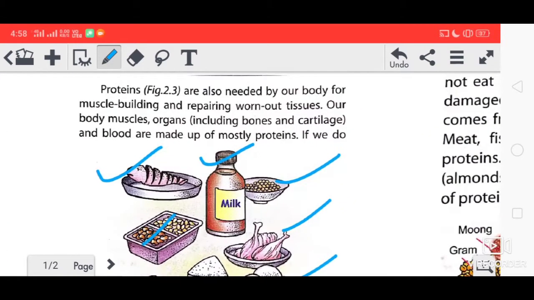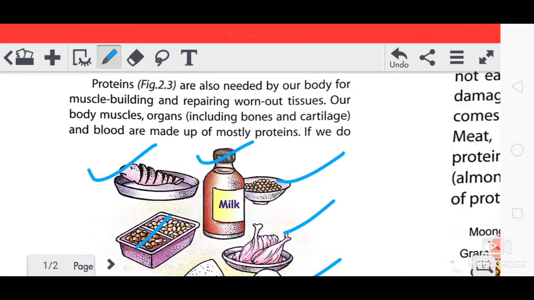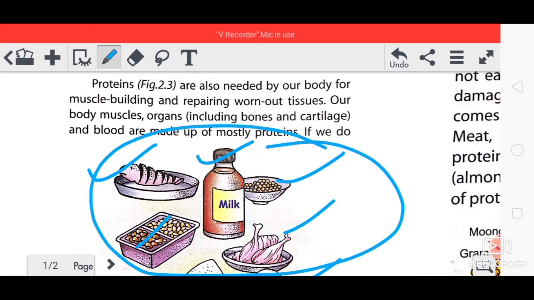All non-veg items. Non-veg means non-vegetarian items: chicken, mutton, fish, egg, then pulses, milk. All these are the sources of protein, meaning from these food items we get protein in our body.